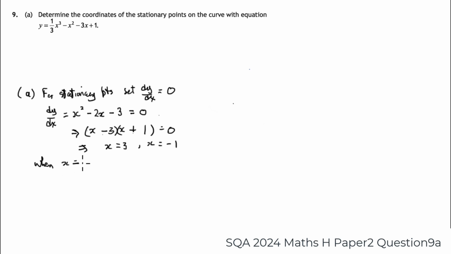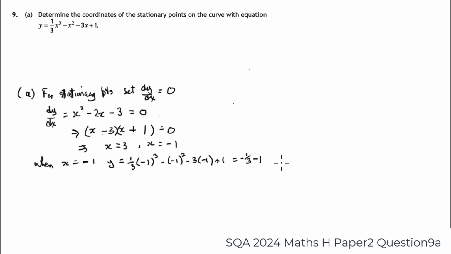When x equals negative 1, I'm now trying to find the y value, and I'm putting x being negative 1 into the y formula up there. So just substituting negative 1 for x and do that calculation. Negative 1 cubed is negative 1, so that's negative 1/3. Negative 1 squared is positive 1, take away that.